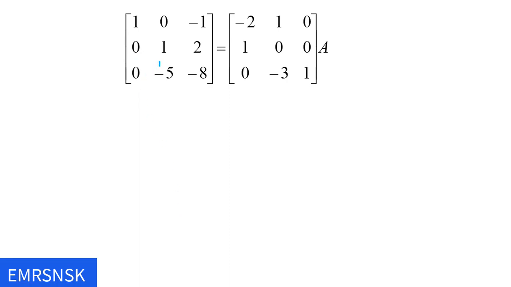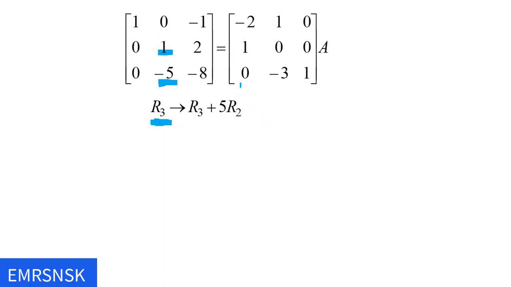Okay, so R3 goes to R3 plus 5 times R2. So minus 5 plus 5, this will be 0, but will this 0 be in the second row or third row? Third row, because we are doing the transformation on the third row.